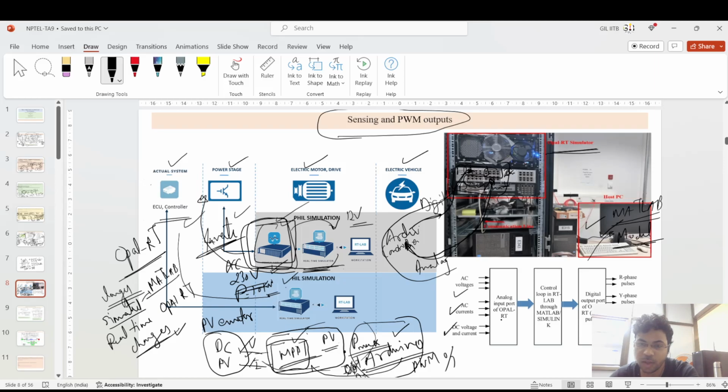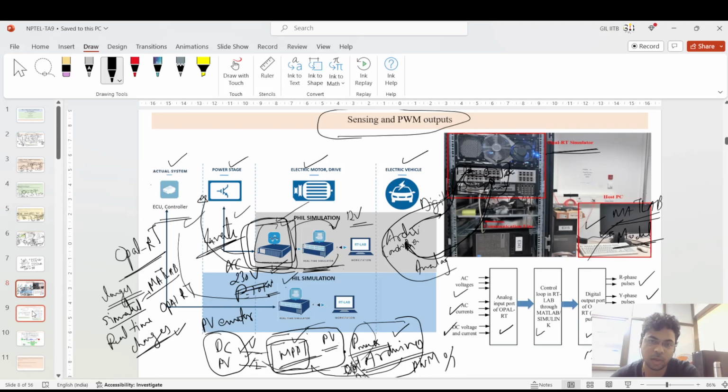In the lower portion, I am sensing the AC voltage, AC current, DC voltage and current, then feeding them to the Opal RT input IO port, then taking the control loop in RT-LAB to MATLAB and assembling. Then I generate the digital output, sending the PWM signal through the digital IO port, and we generate the RYB signals, which take the power of this 12 volt supply.